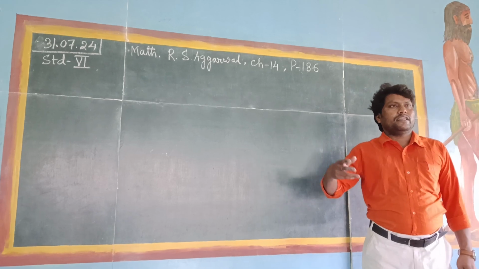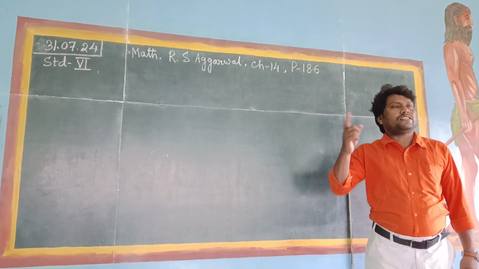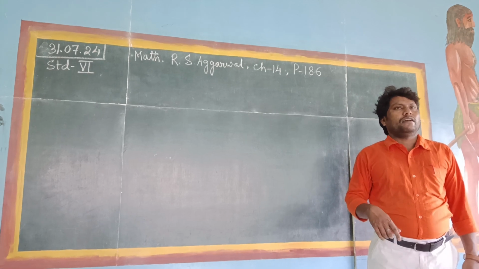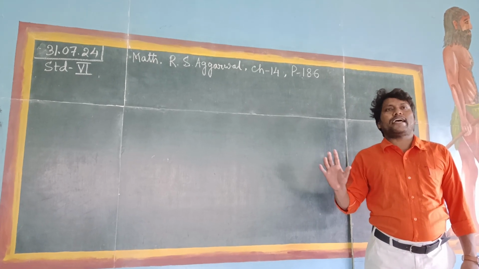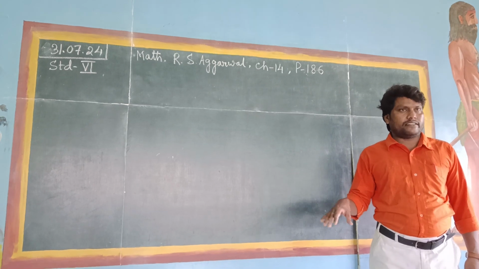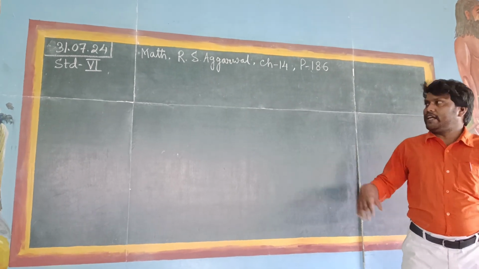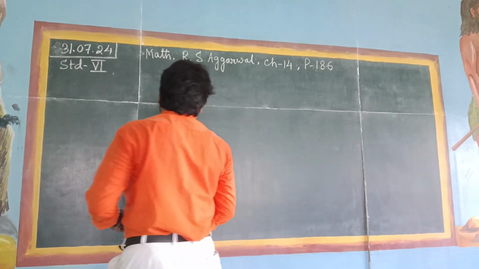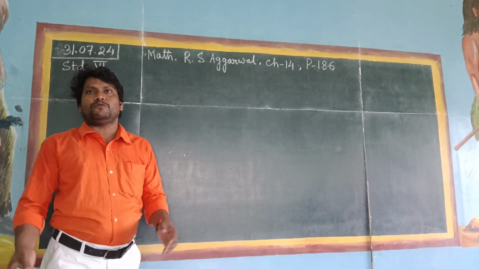That is your second topic. The first topic was done yesterday: how to construct a triangle, and how to construct an angle and bisect it. So today we will learn how to construct a parallel line to a given line.